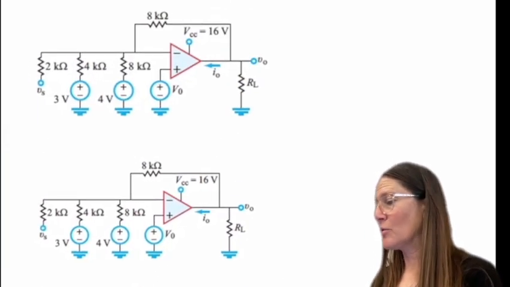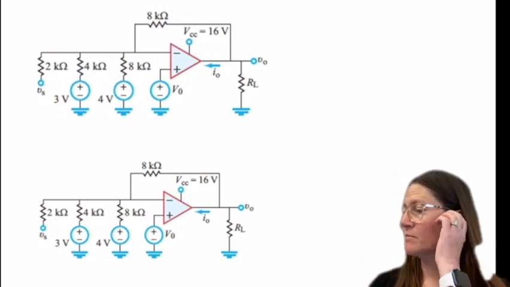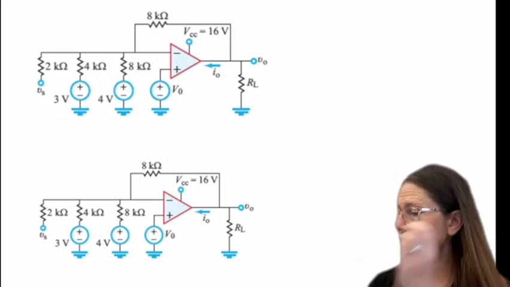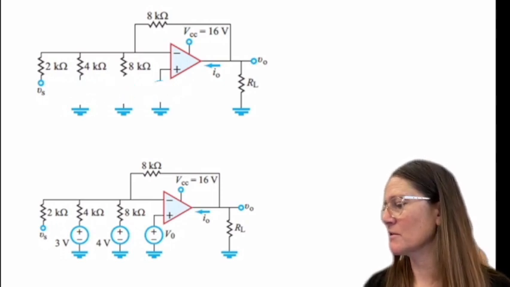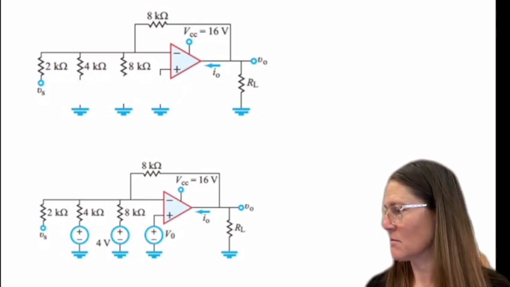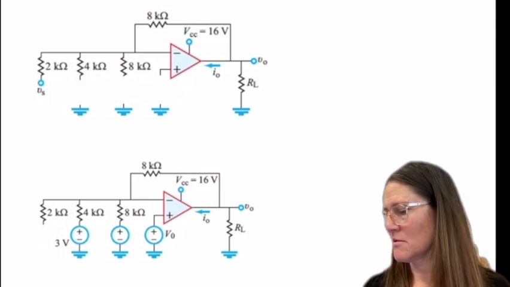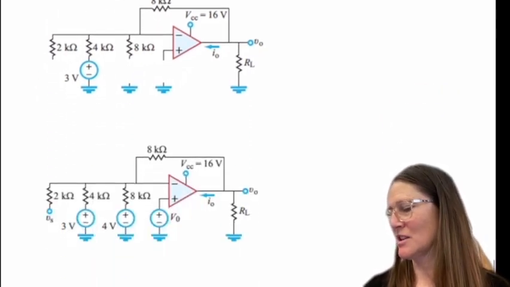All right, so I can use superposition on these. So superposition would put all of these, I'm just gonna ground the V naught so I don't see it there.